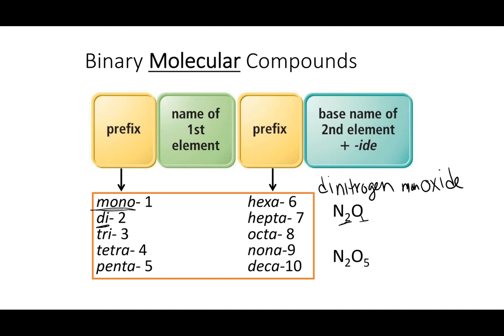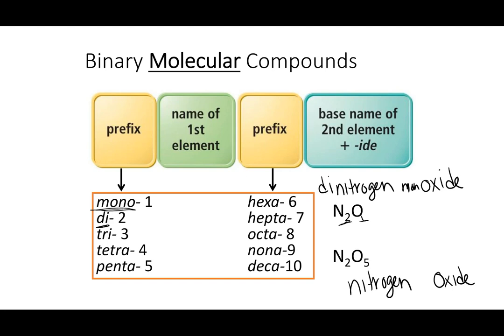Why don't you try to name the second one? So pause the video, give it a shot, and then I will work through it with you. All right, so nitrogen again. Oxygen again. So base name is ox plus IDE, oxide.